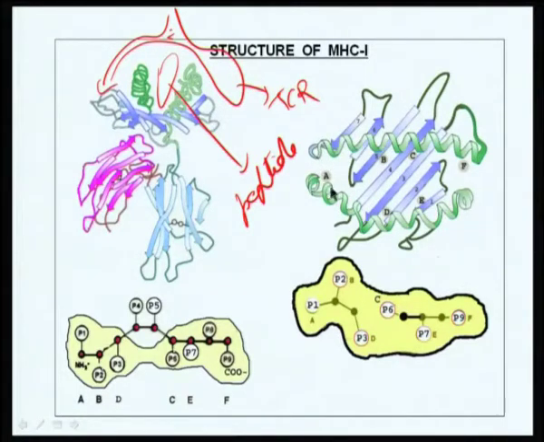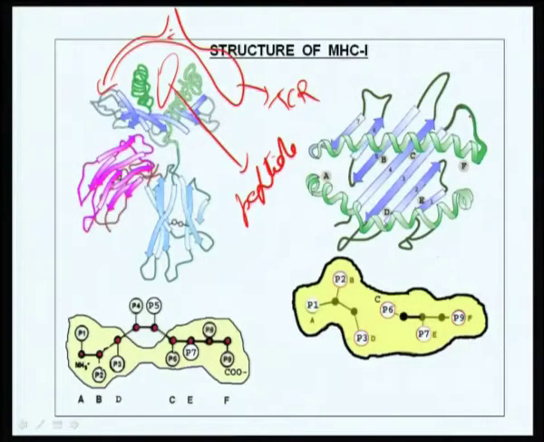So, in the class 1 molecule, there is only space for a 9 amino acid peptide, as shown here: peptide residue 1, 2, 3, 4, 5, 6, 7, 8 and 9, beyond which it could not be accommodated in this space. So, there were only 9 amino acid peptides sitting in the class 1 groove, as opposed to the class 2 molecule, which had open ends at these two places, and therefore, as I told you, I drew the line of the peptide longer than the groove.